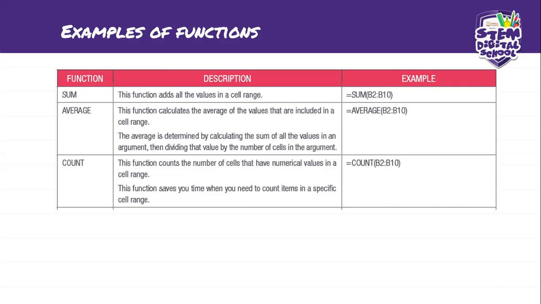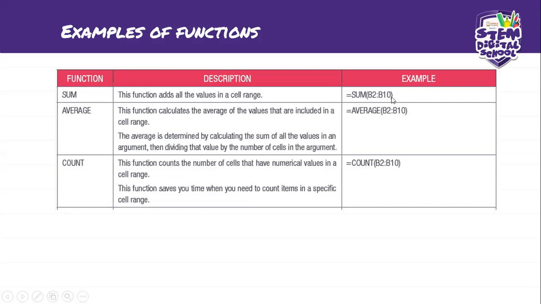So when you are doing your calculations, your function must start with an equal sign, then your function. Type in your function and then it is followed by an argument.